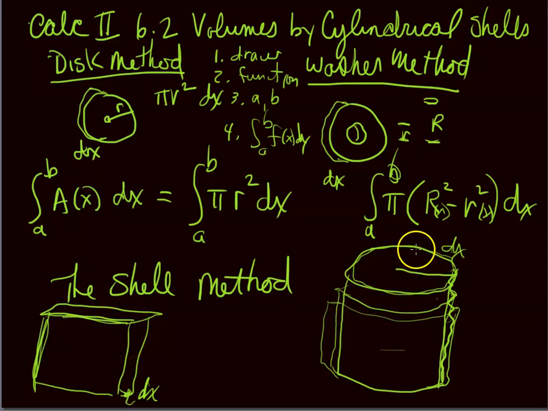Now, if we've cut this from a circle, then the L is going to be the circumference of that circle. And if you remember, if this is R, the circumference is 2 pi r.